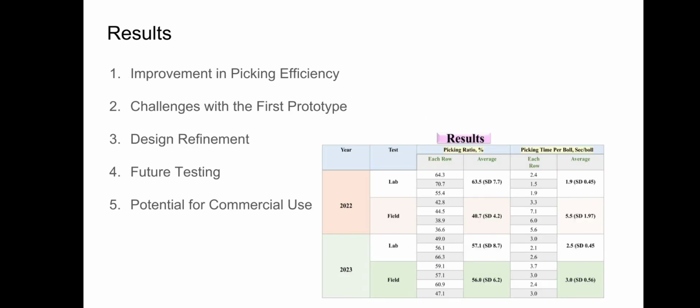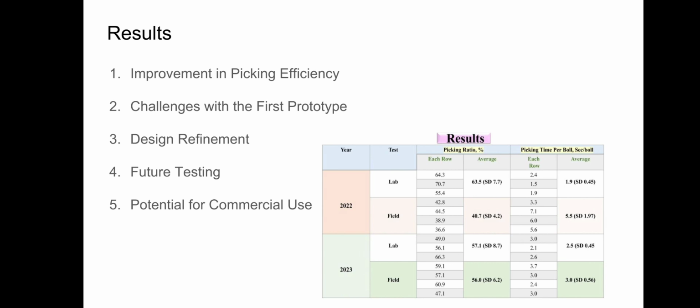These are some results from the experiments we were doing. Here we can see the lab test and field test are shown. The average picking ratio and picking time per ball is shown.